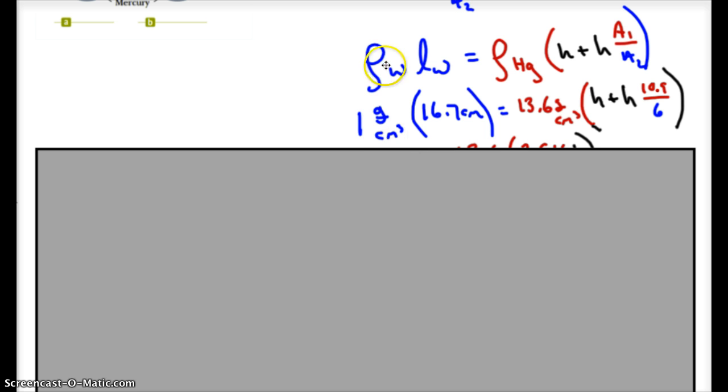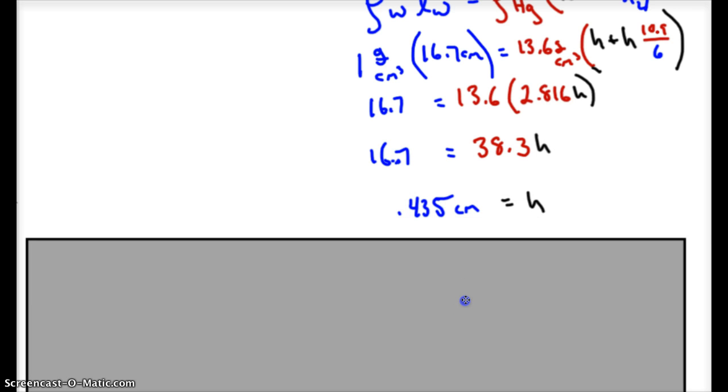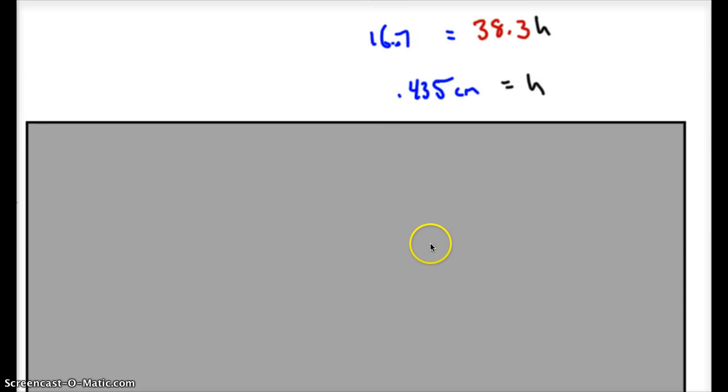We know that the density of the water is 1 gram per cubic centimeter. We knew its height; we solved for that in part A. We're given the density of the mercury, and then we can just combine these terms and find out that that's 2.816 times h. And then it's just algebra from there on out. And if you solve that, we get the answer 0.435 centimeters.